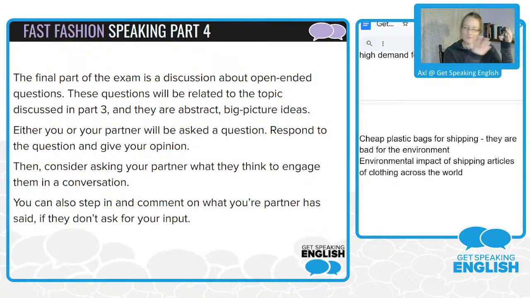ideas. The first part of the exam, a lot of those questions are more about you, your experiences, your community, things related to you, right? And then at the end of the exam, everything opens up a little bit to make you talk about things that aren't directly related to you, but about the world and how things are in general.